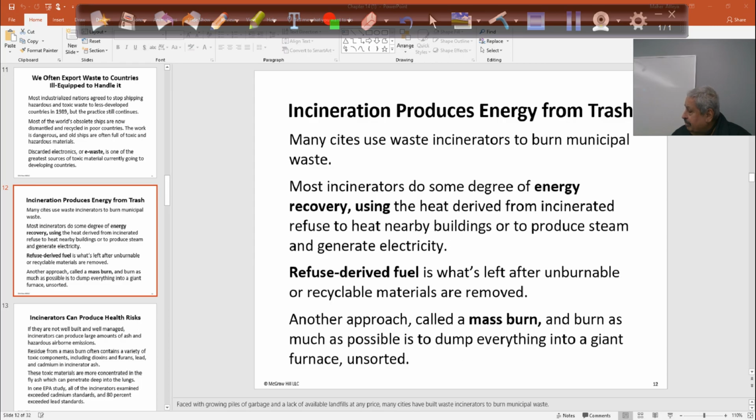Because every time you combust, you burn this waste, the waste ends up in the air, correct? Because this waste becomes gas. Some of those gases might be highly toxic and end up affecting the population living nearby those waste plants.